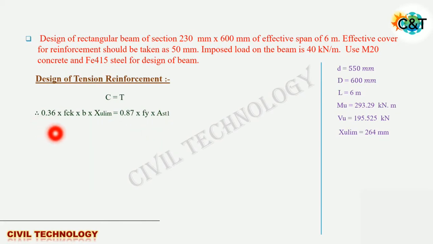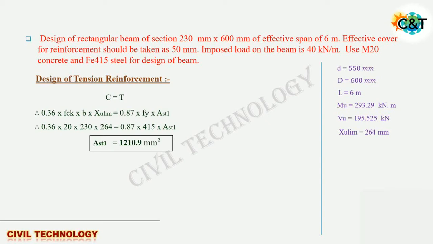See here, all the values we already know except Ast1. So just put down all the values: 0.36 times 20 multiplied by width 230, Xu limit 264, 0.87 times fy, which is 415. So you will get the Ast1 value, and that is 1210.9 mm square.